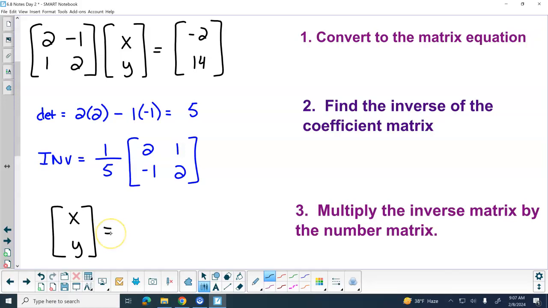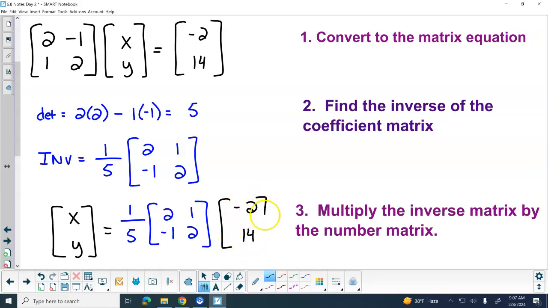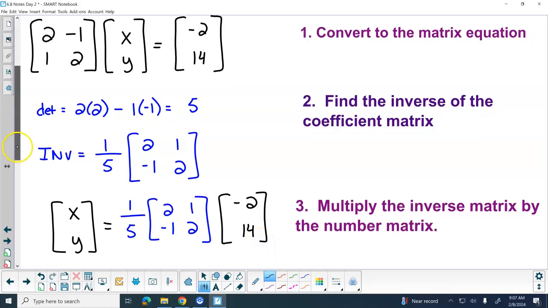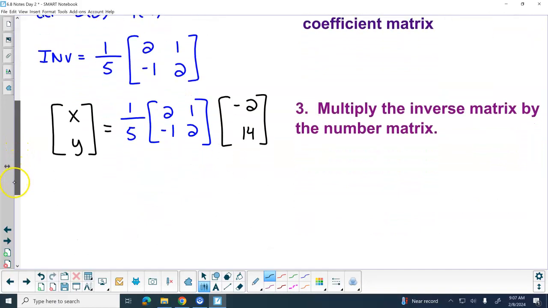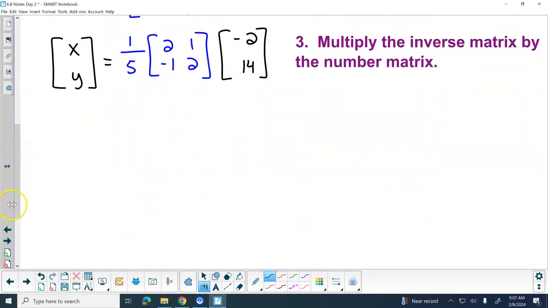It is going to equal, and I have to put my inverse first, because order matters when multiplying matrices, and then I got to multiply that by the numbers. Okay.